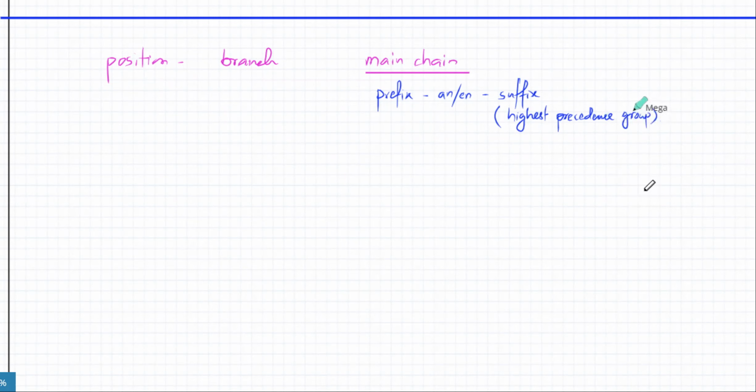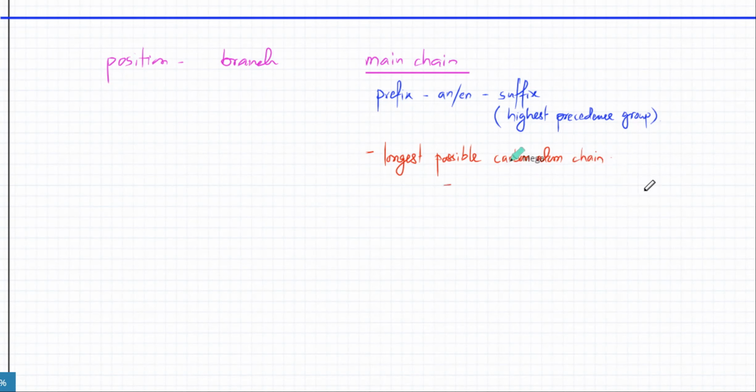Now, how do you figure out the main chain of a molecule? It should be the longest possible carbon atom chain.